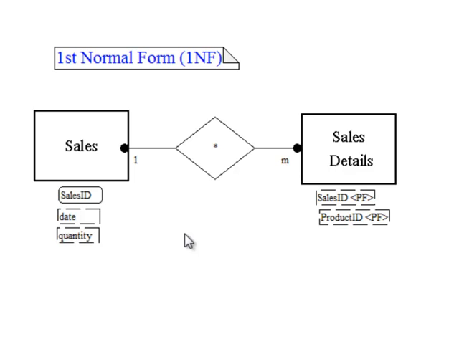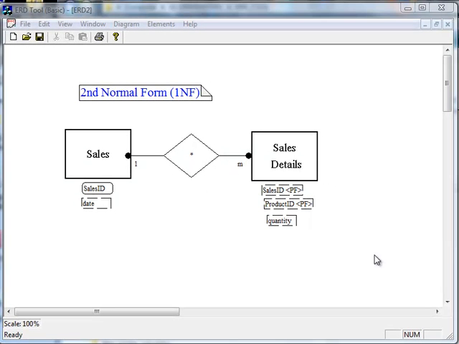So clearly, we need to say that the quantity will go into the sales detail. So we can actually just move it from there to over here to get it into second normal form. Okay, this is subtle. The reason for this is because what we're trying to do is get everything dependent on the keys. So yippee, second normal form.